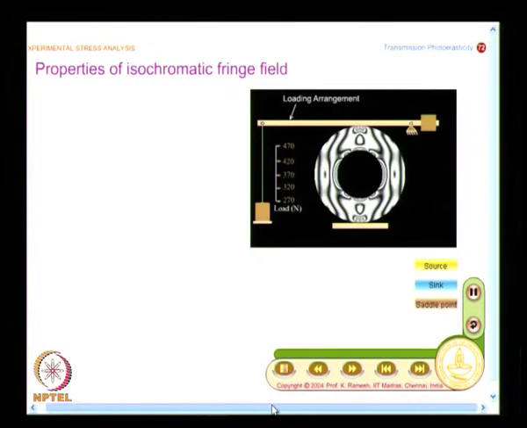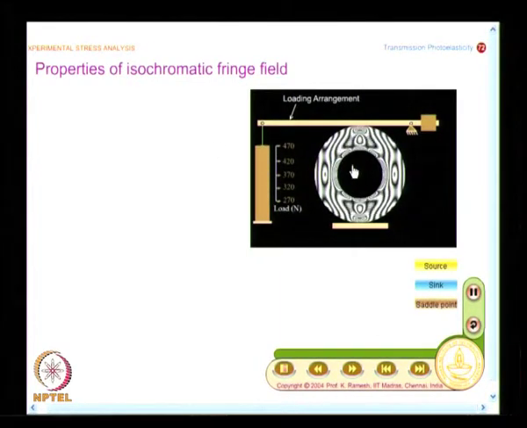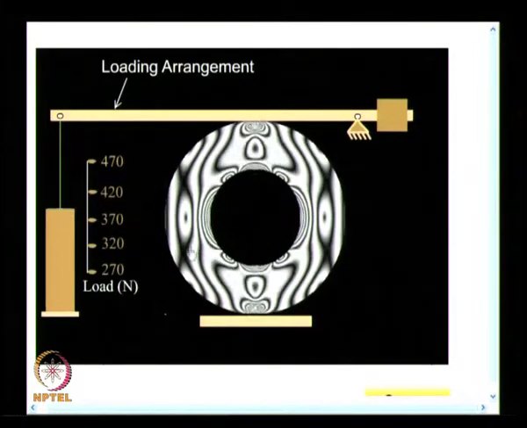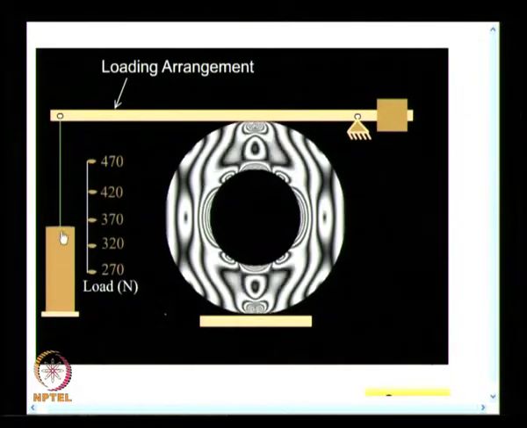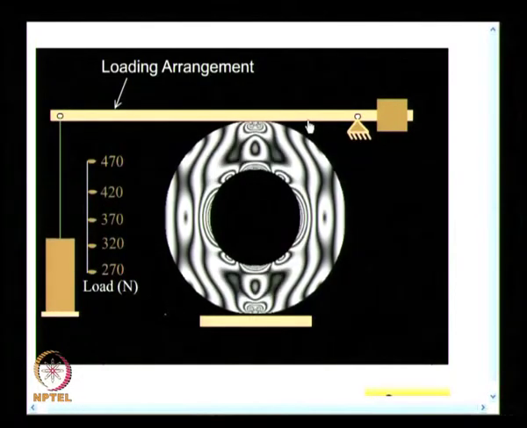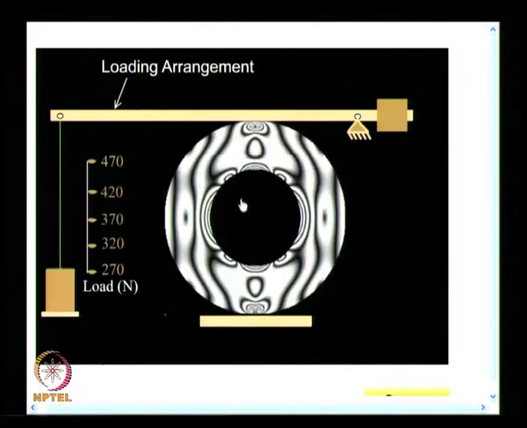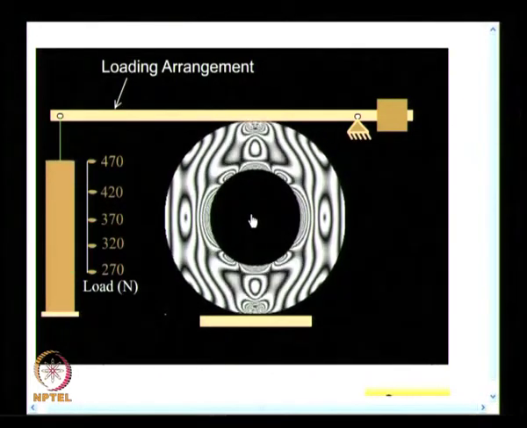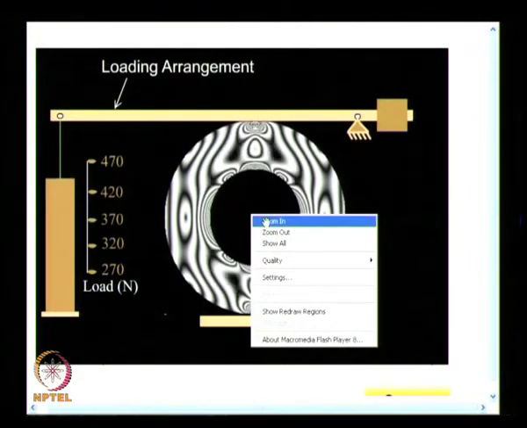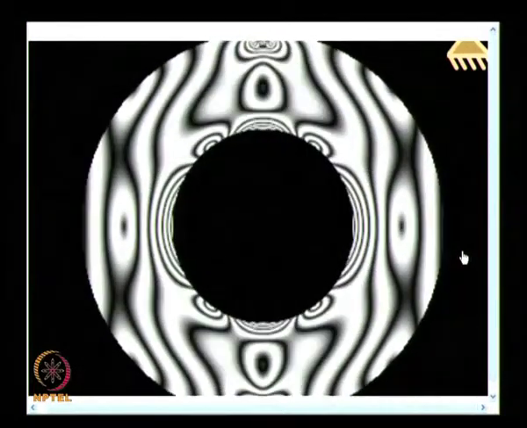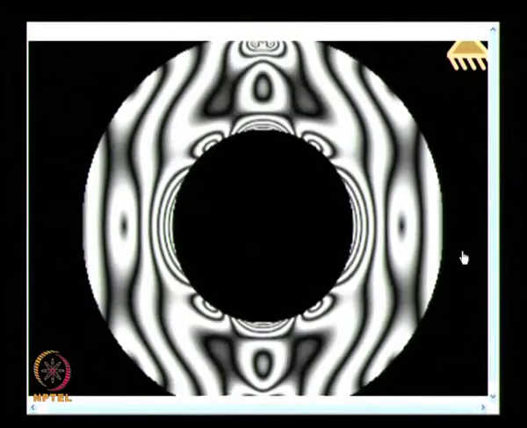And I have a very nice illustration of the fringe field in a ring under diametral compression. This I will magnify, and what you need to look at is, I have this load being varied, this is a lever arm loading frame, and as the load is varied fringes are developing and moving, and the idea is to just look at the fringe field, see for a few minutes, you need to see what all special features you look at.